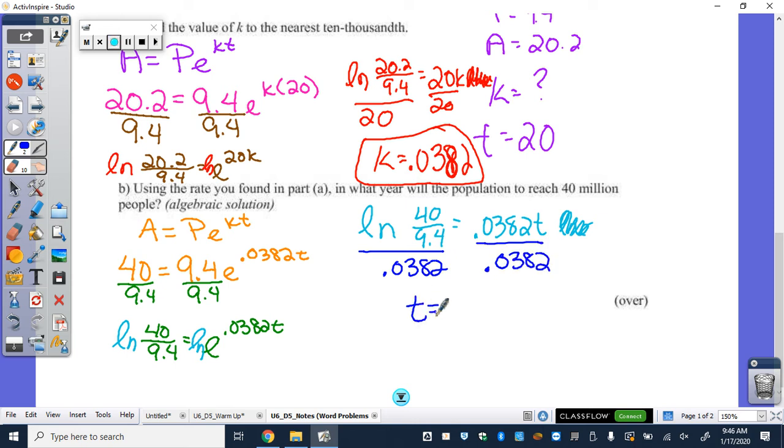What do we get? 37.91. So again, it started in what year? So 1970 plus the 37.91 is 2007.91, but it would happen in the year 2007 because it's got that 0.91, so it's not quite at 2008. It happens in 2007.